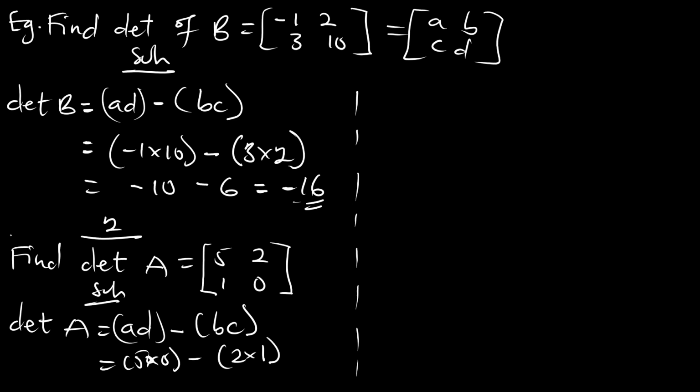So 5 by 0 is 0 and 2 by 1 is 2, but we have negative, so the answer is negative 2. Determinant of this matrix is negative 2.